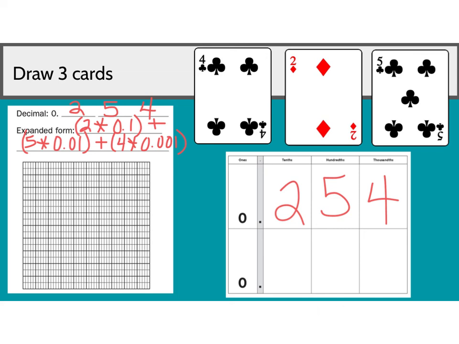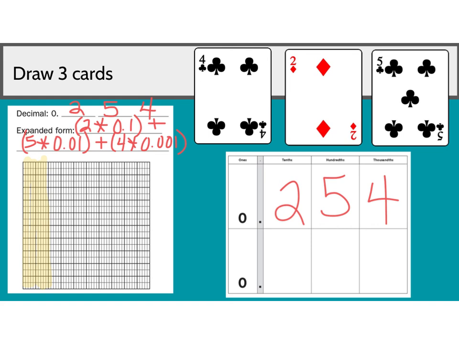And then we're going to go ahead and shade our grid. To start with, we're going to look at that first digit, which is the 2, which means that we're going to shade 2 columns because it's the tenths place. And then we're going to move over to the 5, and that is in the hundredths place.